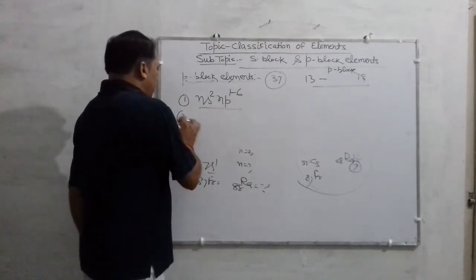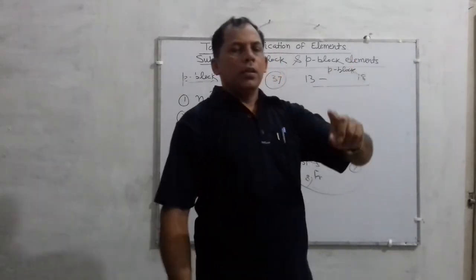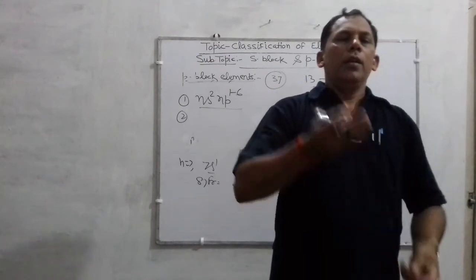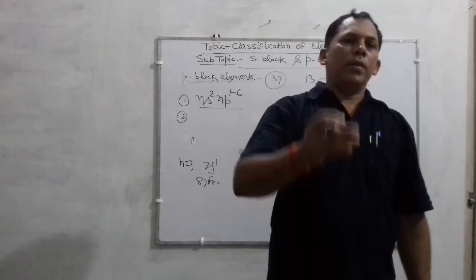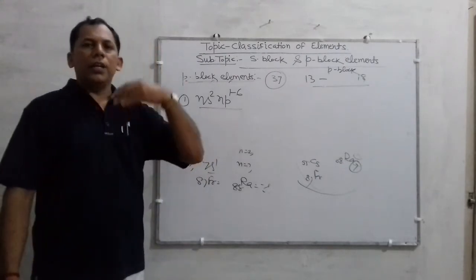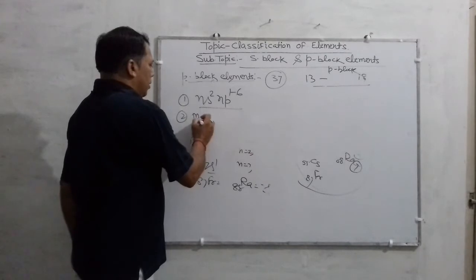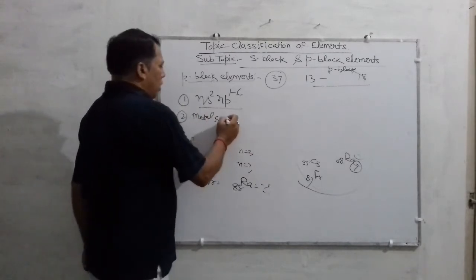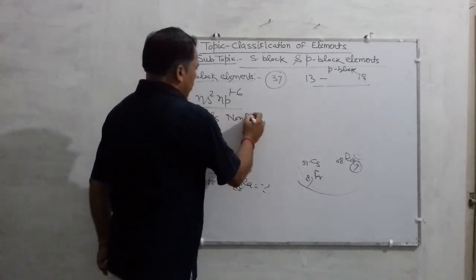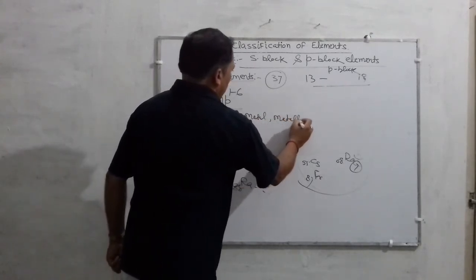Alright. Second property, the elements which are present in P block are normally metals, non-metals and metalloids. Means P block contains all the three kinds of elements, that is, they are metals, they are non-metals and metalloids also.